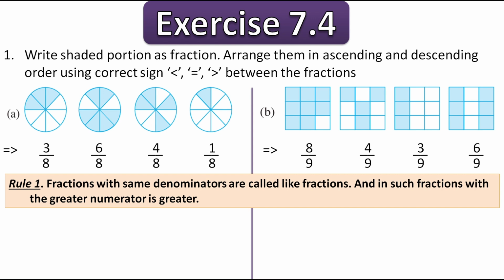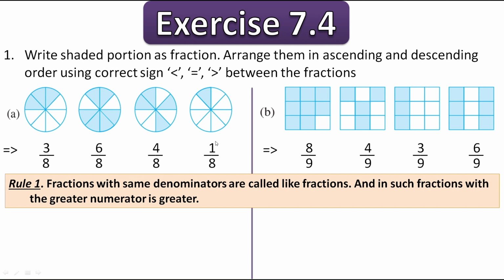Here all the fractions have the same denominators, so we can recognize which is lesser and which is greater by comparing the numerators. In the first one, 1 upon 8 is smaller than the other fractions, as 1 is less than the other numbers.